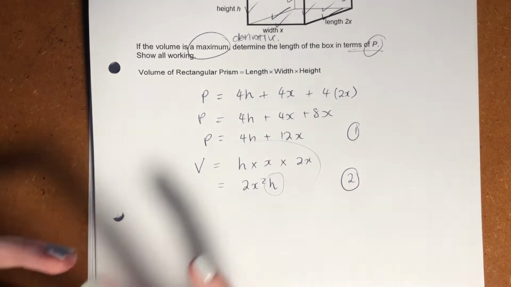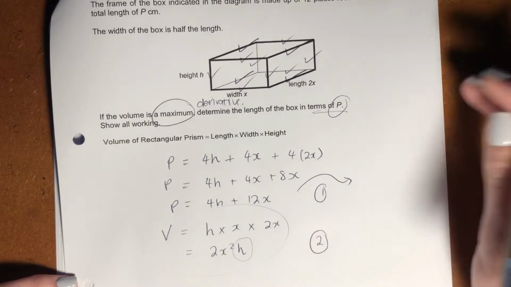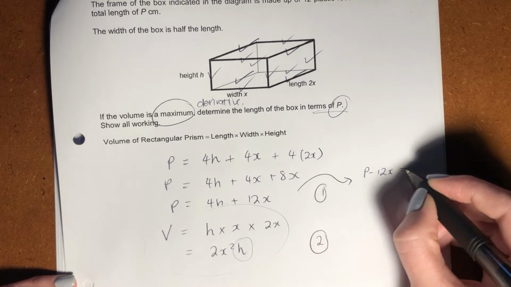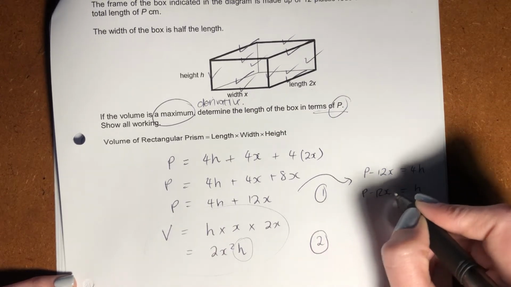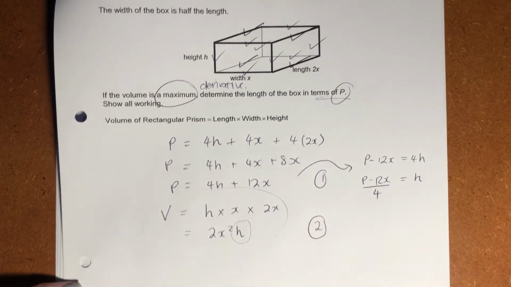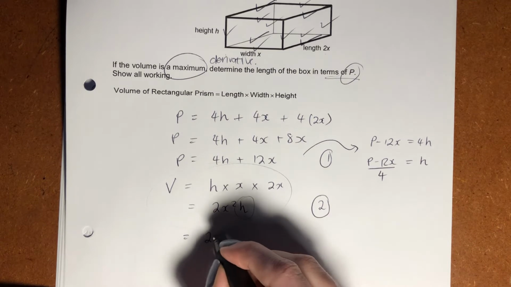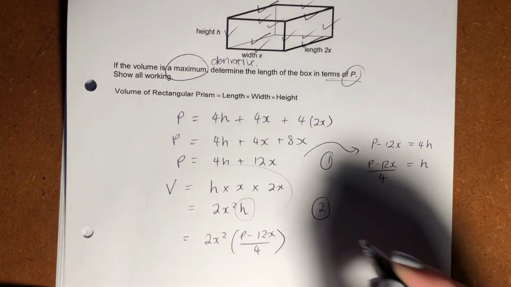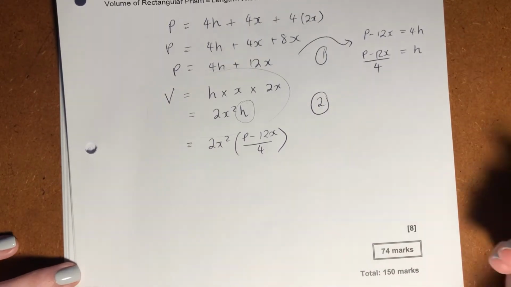Let's try and make that h in terms of p by using this equation over here. So I'm going to say p minus 12x equals 4h, therefore h equals (p minus 12x) over 4. Right. So that's what h is. Let's sub it in here. Right, and then we now have an equation in terms of p and x, which is what we want.